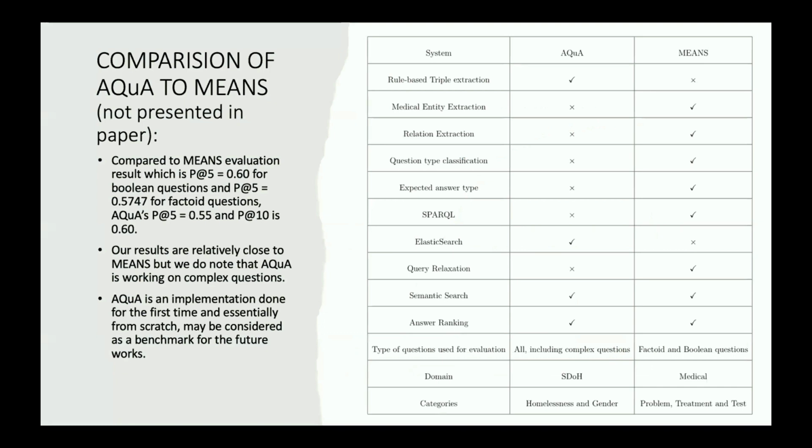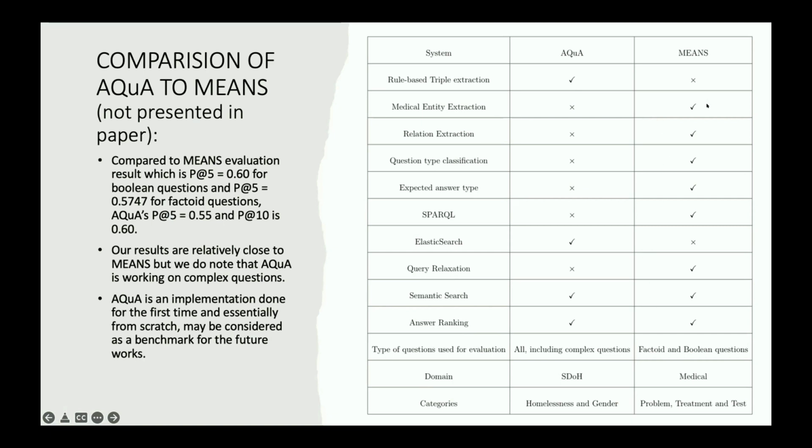Comparison of Aqua to MEANS, which is not presented in the paper, but I thought this would be good for this presentation. As you can see here, these are all the components that enable a question and answering system, whereas Aqua has used minimum components, and MEANS, our motivation paper, has used many components.